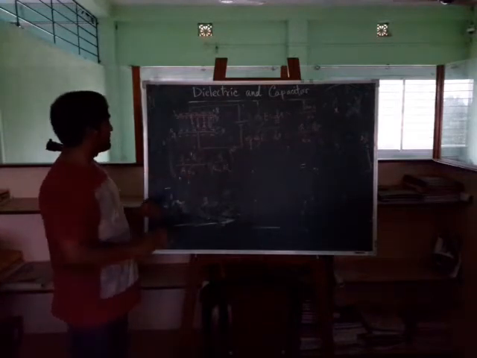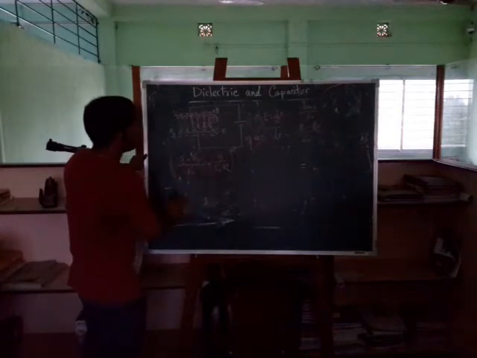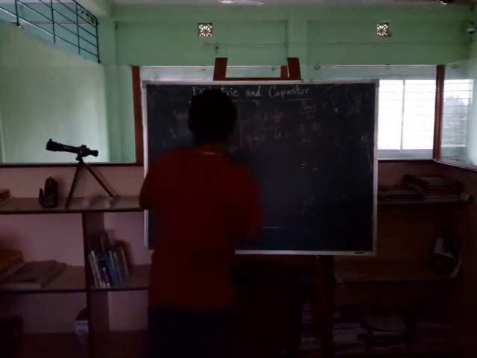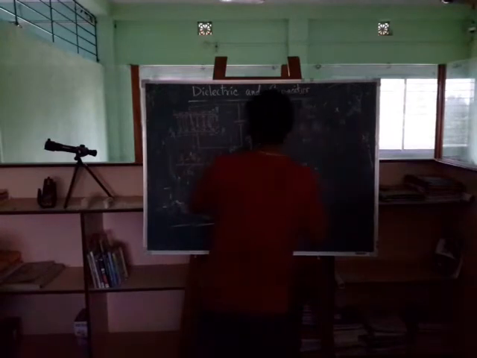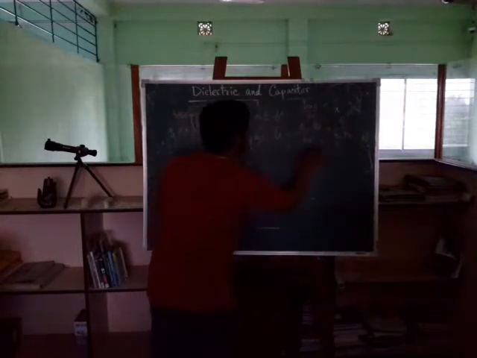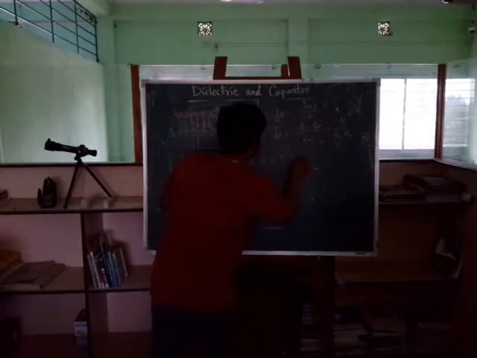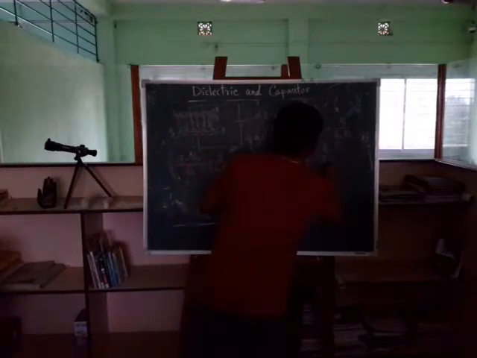So from the previous one you can see that this is equal to this. So instead of this we can use this. This means basically Q upon epsilon naught K, that we can use. This K is a constant, we can bring it here, so you can write K times E dot ds equals Q upon epsilon naught.